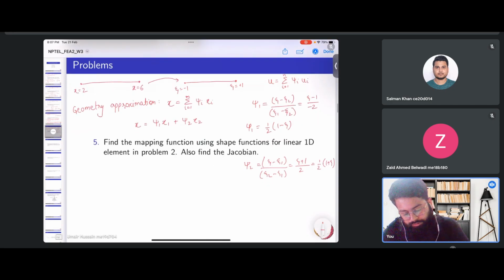So we can simply substitute the values here to get our mapping function. So x is (1 minus zeta)/2 times x1, where x1 is 2, plus psi 2, which is (1 plus zeta)/2, times x2, which is 6.